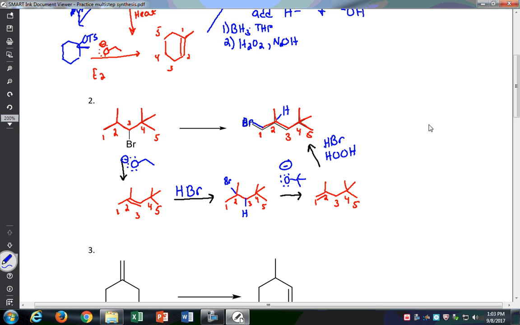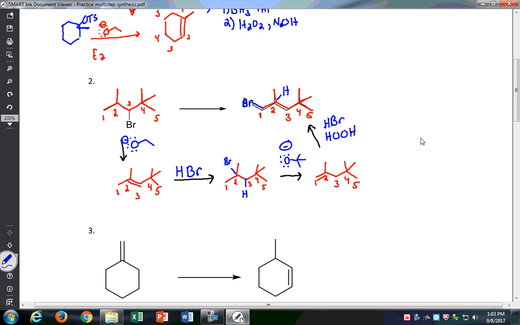And remember, this particular step only works with HBr. So we could have used HCl here, that's fine, or HI, but here we have to use HBr if we want it to be anti-Markovnikov. And in the next chapter, we're going to really look into the thermodynamics to understand why this only works with HBr and not the other halogens.